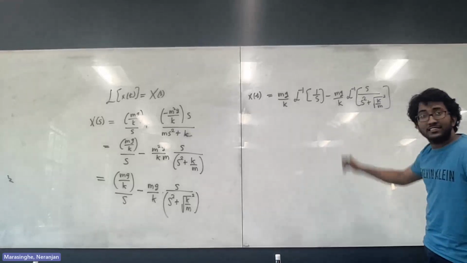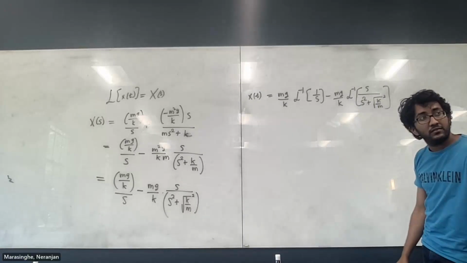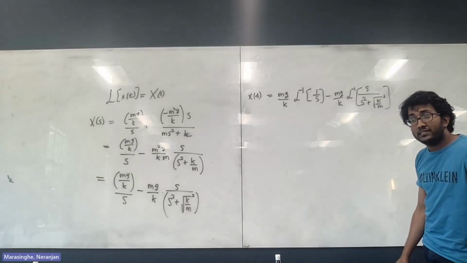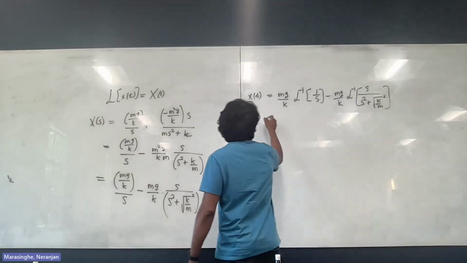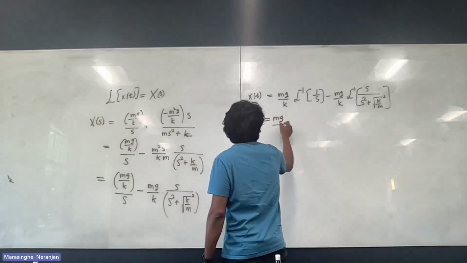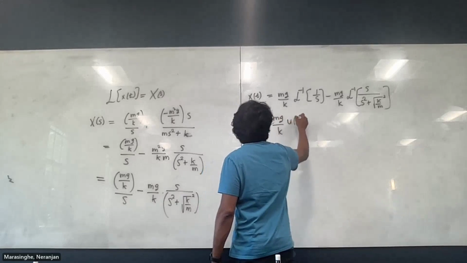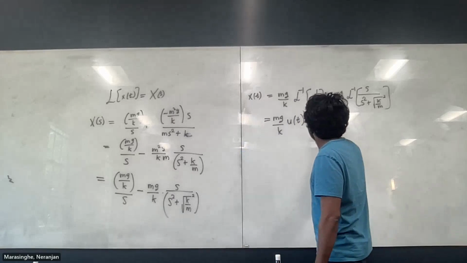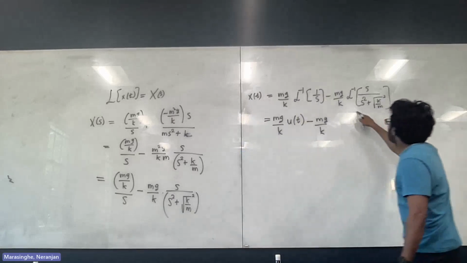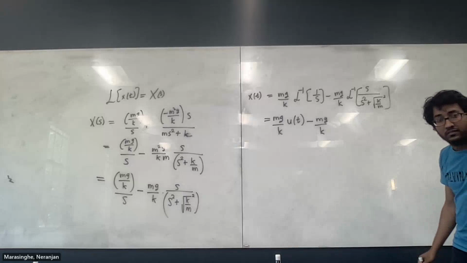Now, what is the inverse Laplace of 1 over s? It's just 1, u(t). Okay. What is the inverse Laplace transform of this function?